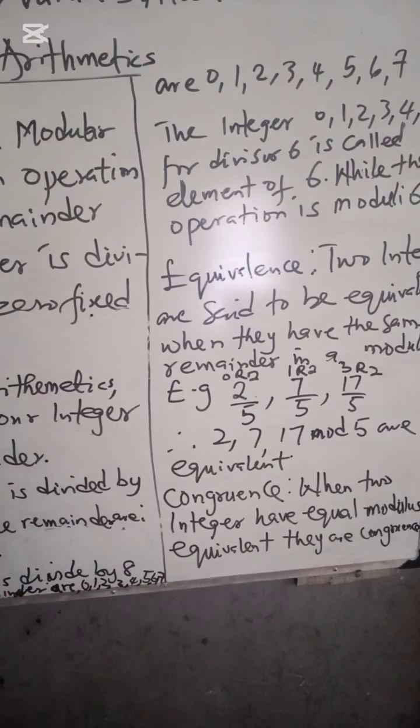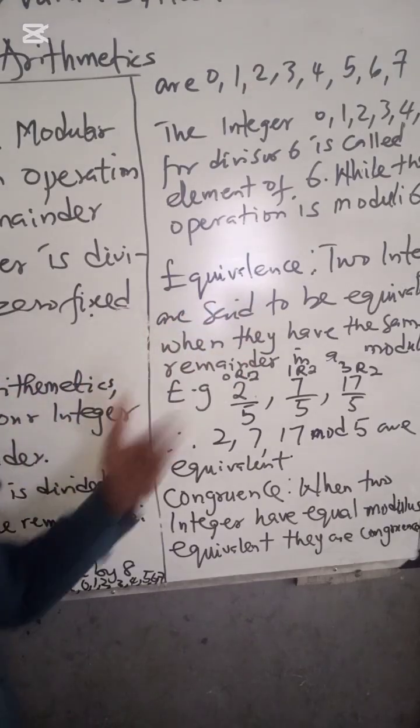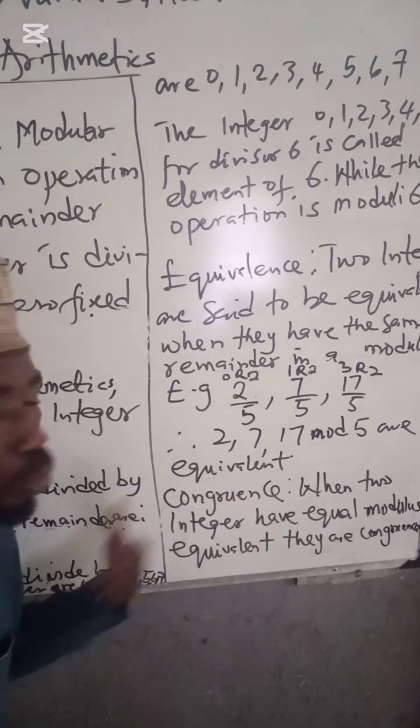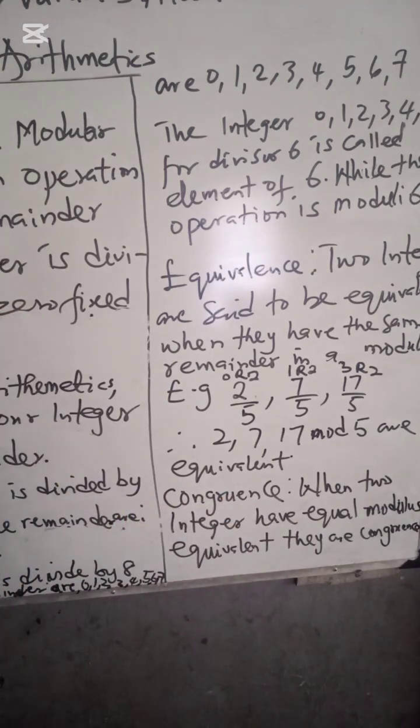This is the basic thing we need to know about modular arithmetic. We define modular arithmetic, and we explain how we get the integers, the equivalence, and the congruence. Make sure you understand this. Note everything down. I believe you do well.